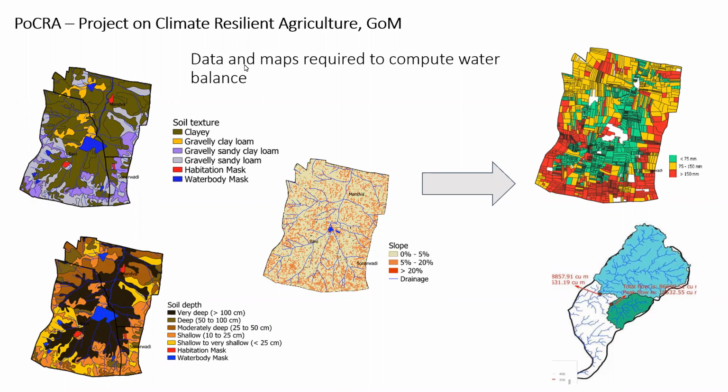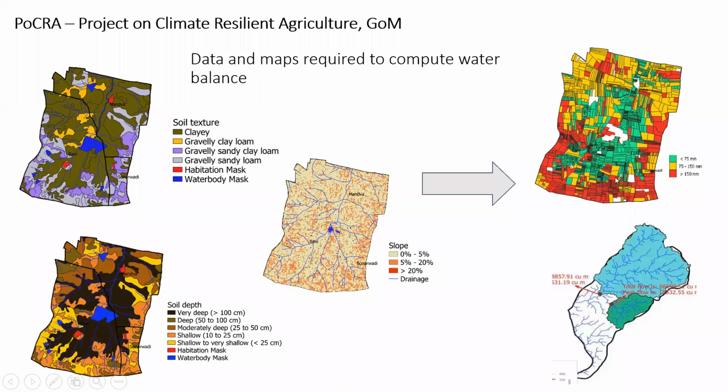As I said, soil maps and soil techniques can be used to show the source deficit, and which area had less than 75 mm deficit, which had 75 to 150 mm deficit, and which had more than 150 mm deficit.